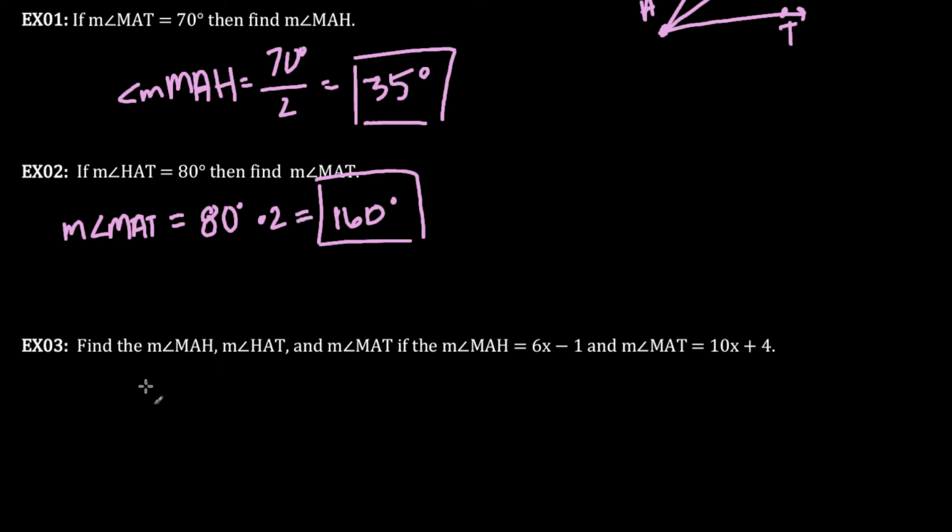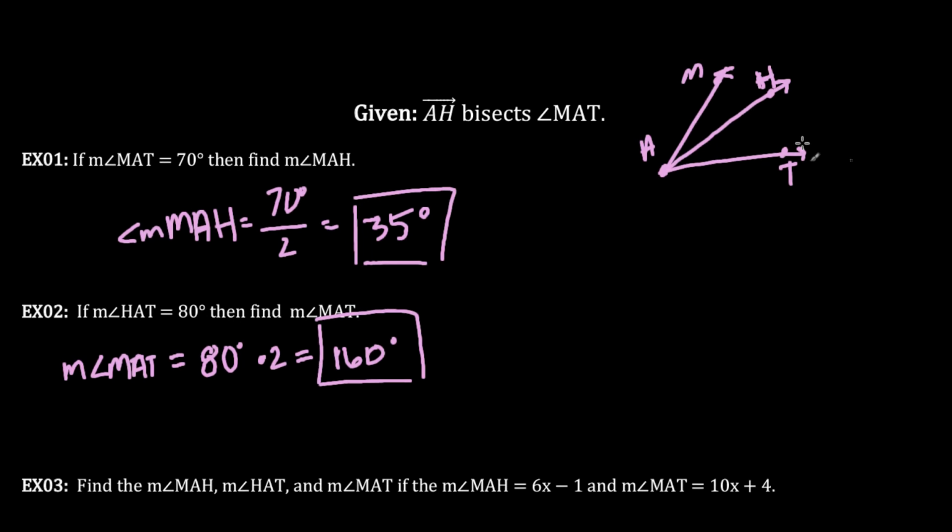Okay, find MAH and HAT. MAH is 6x minus 1. MAT is 10x plus 4.